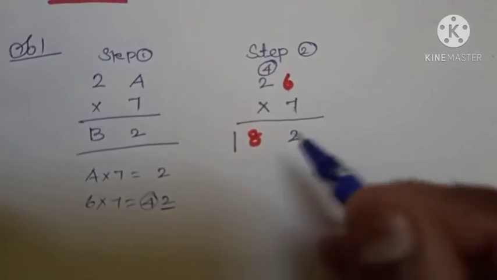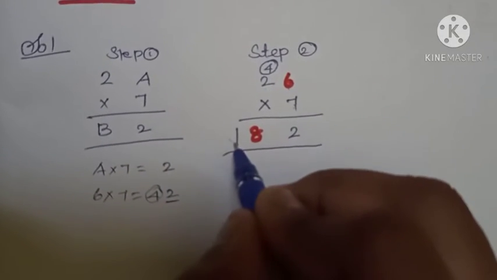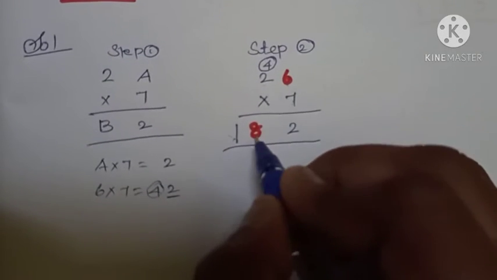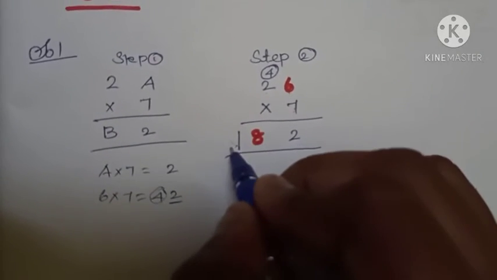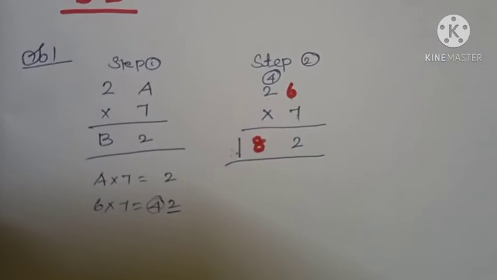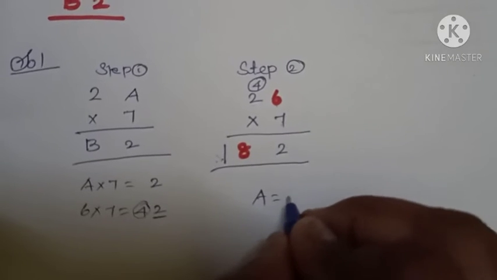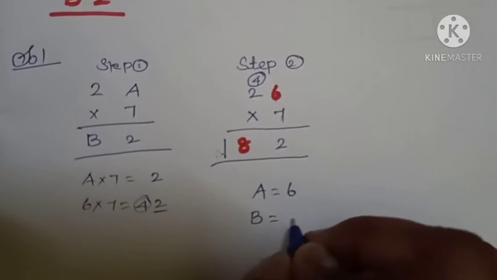So now you see this extra digit, you don't need to follow that one. Here this is A and this one is B. 1 is the extra digit, we take it as C, whatever it is, but you know the required value: A equal to 6, B equal to 8.